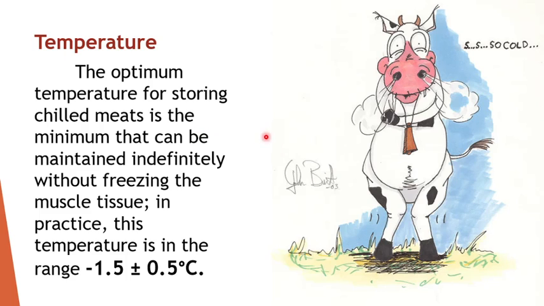Now here, the best temperature, which gives enough chilling benefits without damaging the meat or the fibers of the meat, is negative 1.5 plus minus 0.5 degrees Celsius. So memorize that one. Negative 1.5 plus minus 0.5 degrees Celsius.